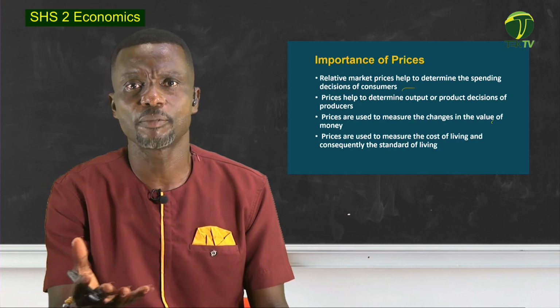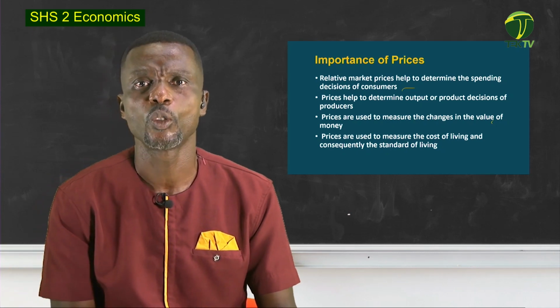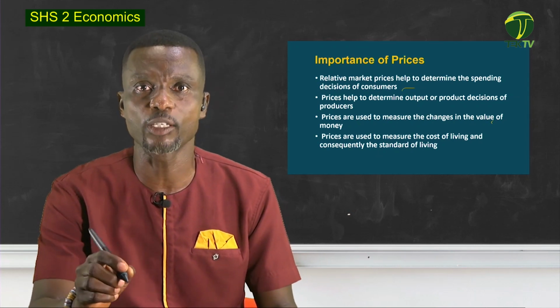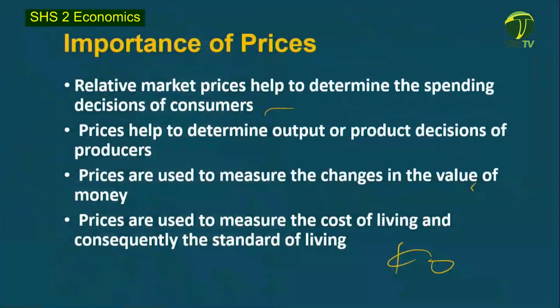Just take an example: let's say the price of a sachet of water is 20 pesos. Assuming you have only 1 cedi on you, 1 cedi divided by 20 pesos will give us 5. So with 1 cedi you can buy 5 sachets of water. Let's assume that the price of the sachet of water is now 25 pesos.